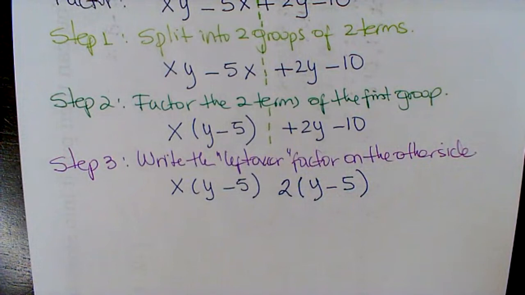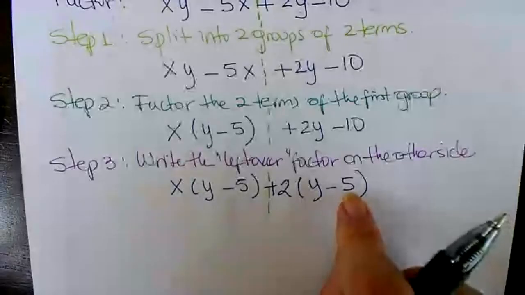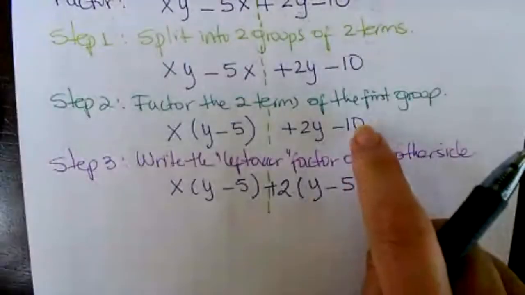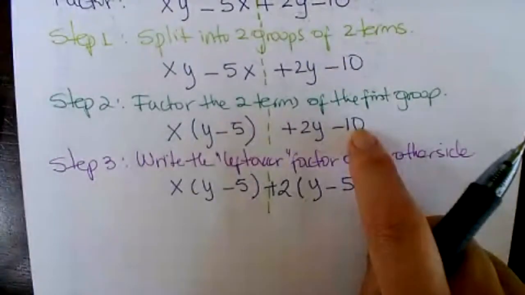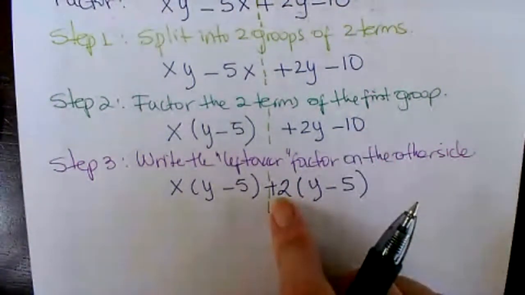Careful is that when you multiply this one back, because here we have a plus, when you multiply 2 times y, you're going to get positive 2y. And 2 times negative 5, you get negative 10. That's what we need to make sure.